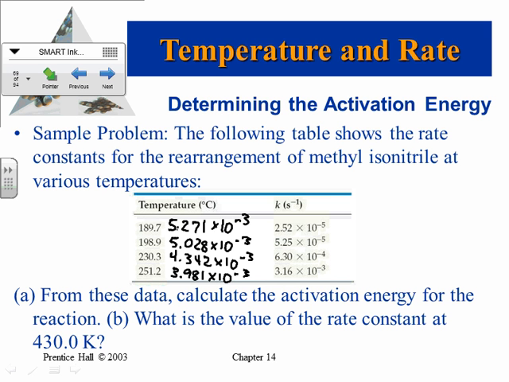And then we need to take the natural log of k in order to figure out our y-axis. So you just take the natural log of all these numbers over here. I'm getting negative 10.6 for that one.